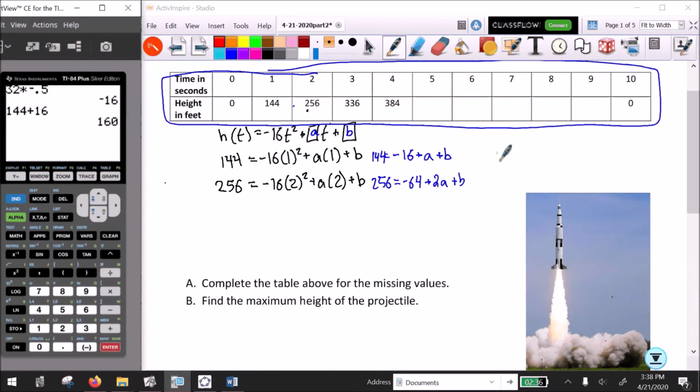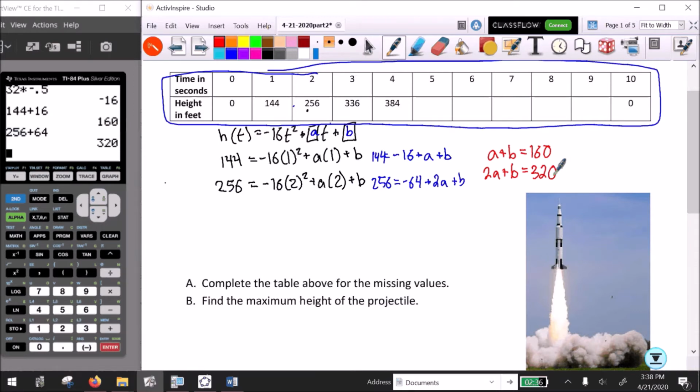So we have A plus B is equal to 160. And over here we have that negative 64 that we could add on both sides. 256 plus 64 is equal to 320. So we have 2A plus B is equal to 320.